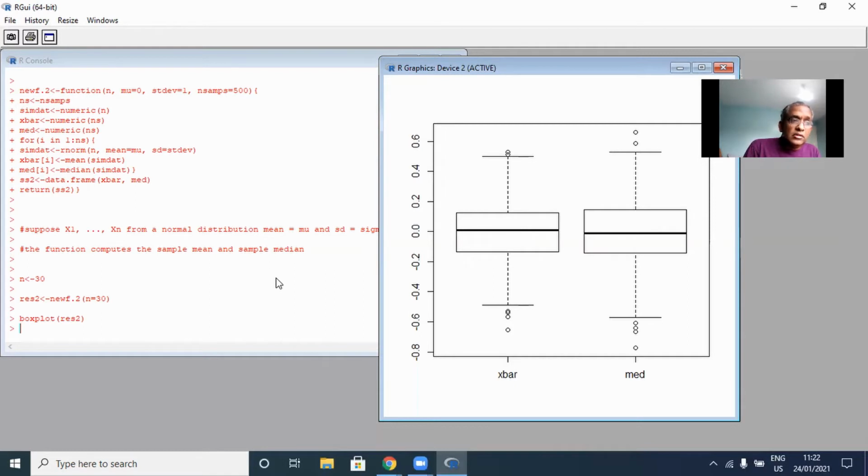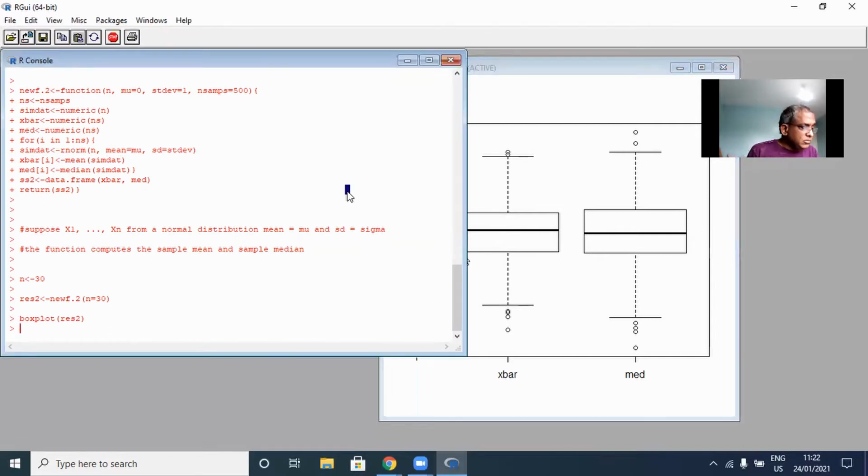So it generated 500 samples with n equal to 30 and computed their sample mean and also their sample median. As you can see from the box plots, the box corresponding to the sample mean is a little bit shorter compared to the box corresponding to the sample median. So maybe in this case, you would prefer using the sample mean to the sample median.